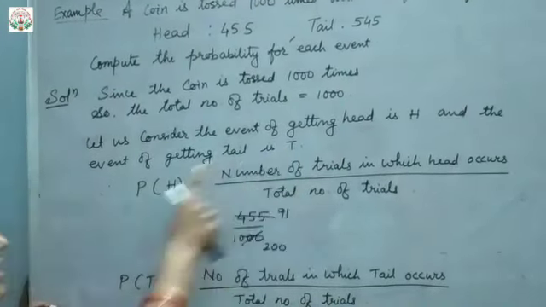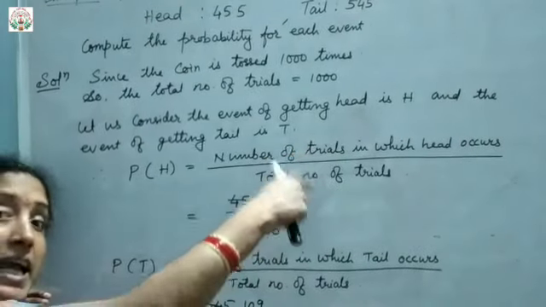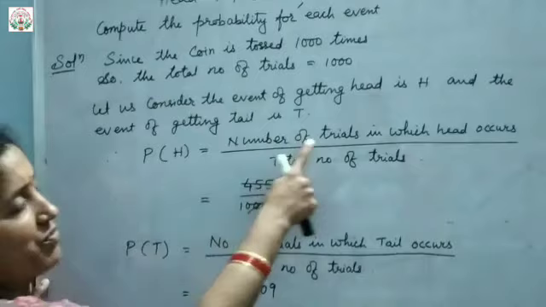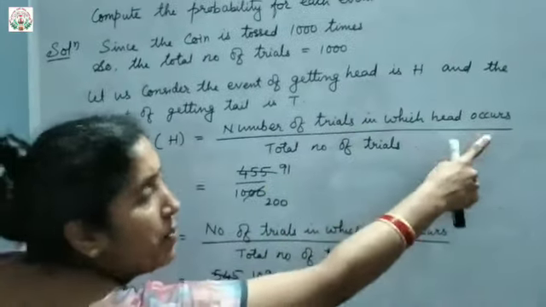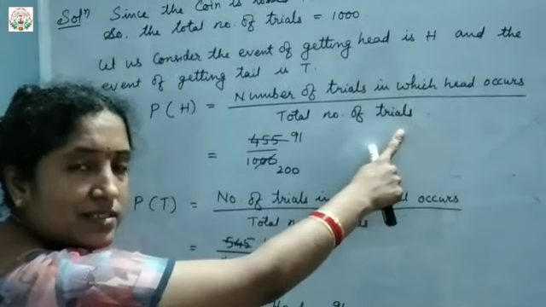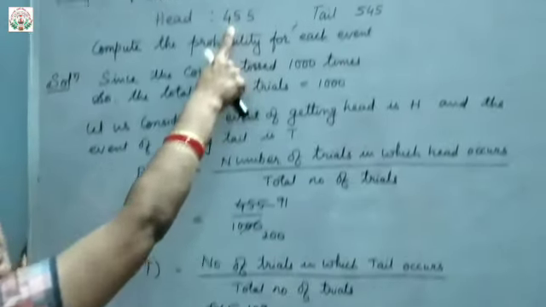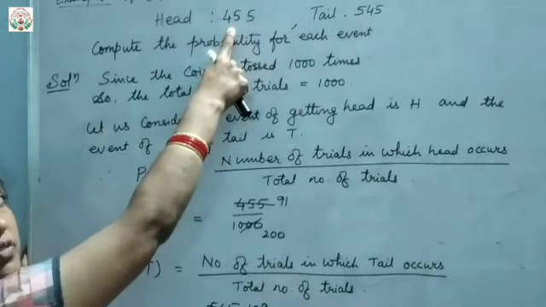Then the probability formula we know: number of trials in which head appears upon total number of trials. This is the formula we have seen. So now here how many times head appeared? That is 455.